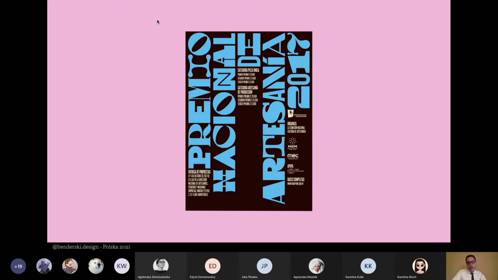So instead of pushing each craft on a poster, I tried to create, let's say, a suit, a variety of typefaces that actually communicates what the National Prize of Handcraft is about.